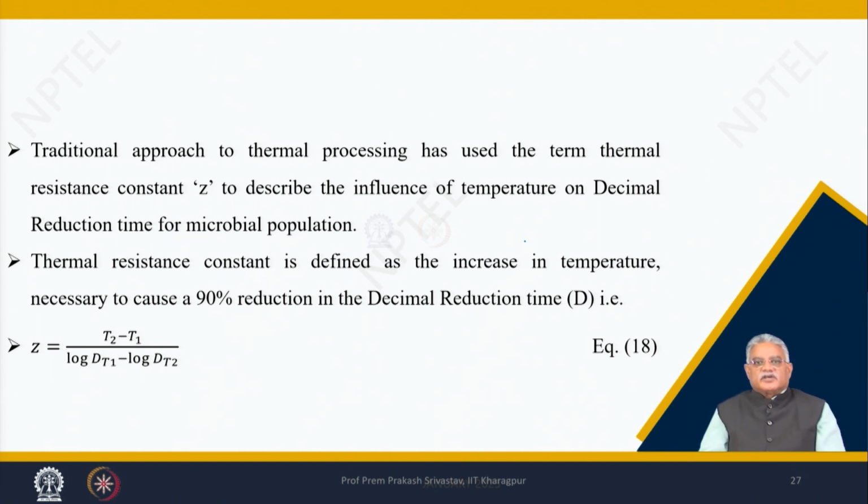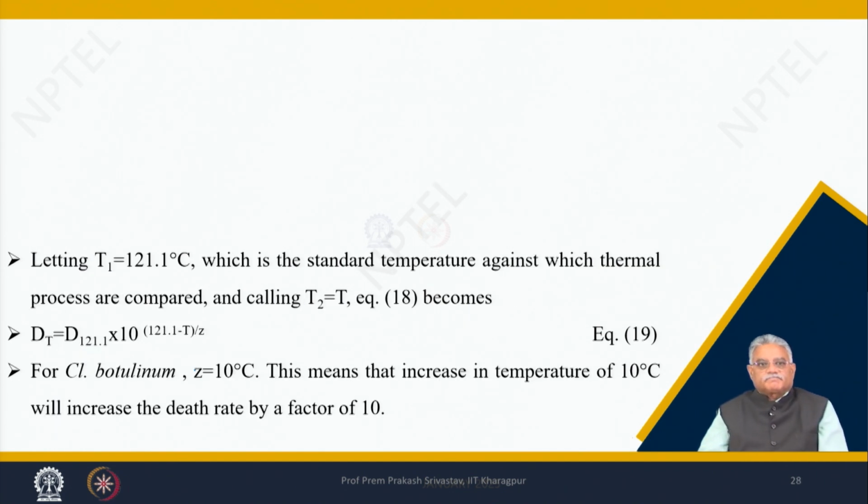Thermal resistance constant is defined as the increase in temperature necessary to cause a 90% reduction in decimal reduction time, that is D value, that is Z is equal to (T2 minus T1) divided by (log D_T1 minus log D_T2). Letting T1 be equal to 121.1 degrees Celsius, which is the standard temperature against which thermal processes are compared, and calling T2 as T, in equation 14, that will become D_T is equal to D_121.1 into 10 to the power (121.1 minus T) by Z.